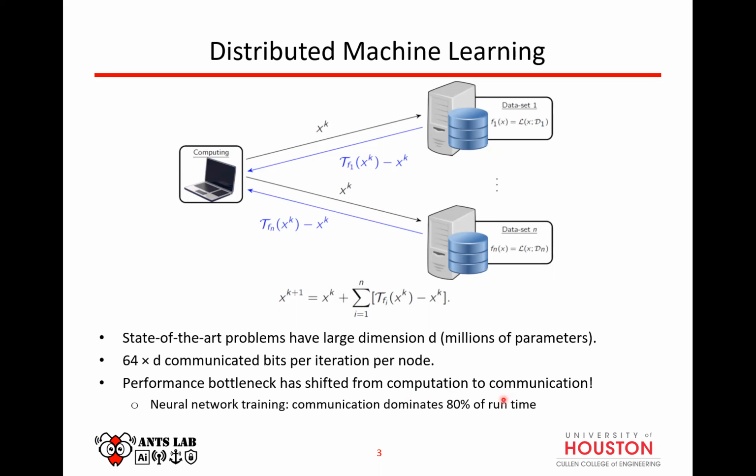If you measure the whole runtime of neural network training, which includes both computation and communication, the communication can dominate up to 80% of the whole runtime.